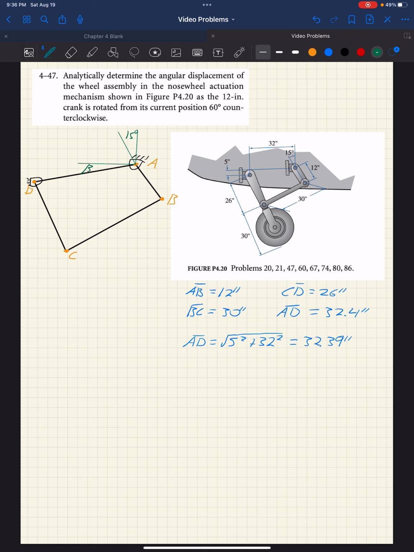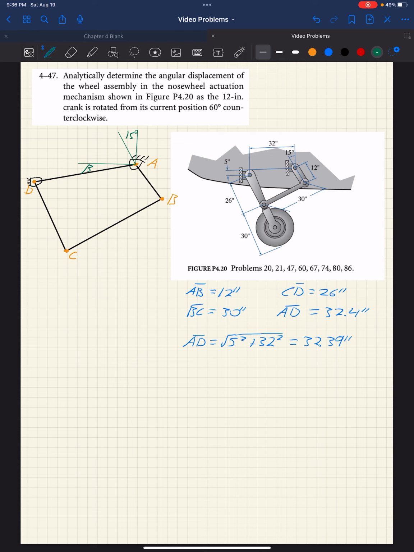So as we're going to try and figure out the motion of this, we're going to try and break this down into triangles and get the position of things so that we can find the angular position of CD, and we're going to see how the position angularly of CD changes as the 12-inch link changes. So the first thing we're probably going to want to do is get this reference angle beta just to get us a start point of how AD is oriented.